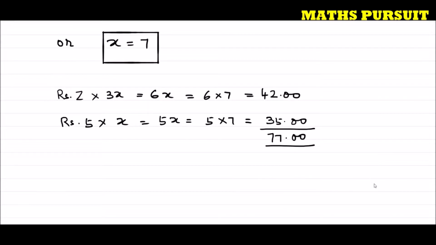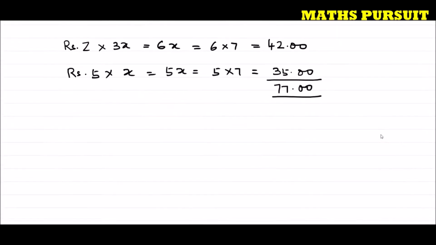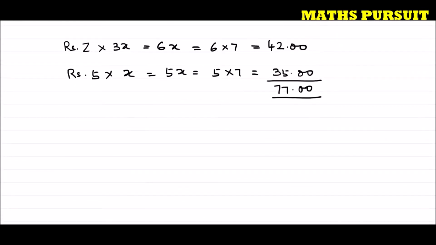So in order to find the denomination, we know that for rupees 2, Bansi is having 3x number of coins. That means 3 into 7, that is equal to 21 number of coins.